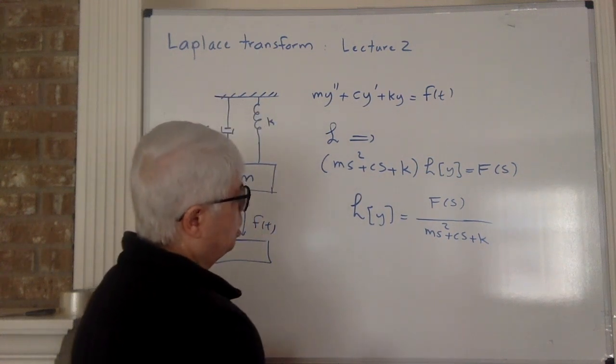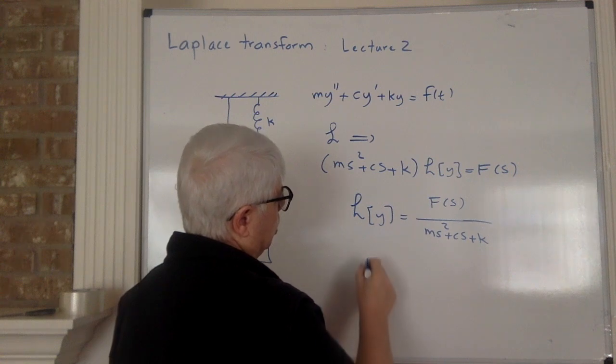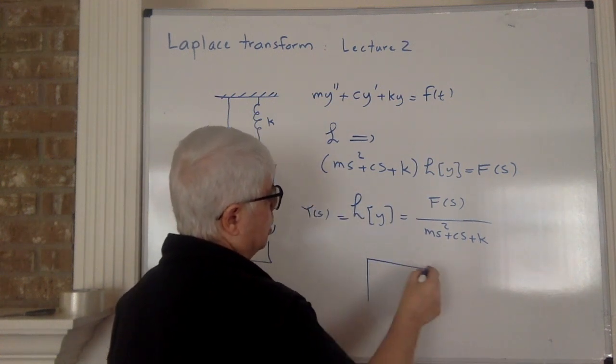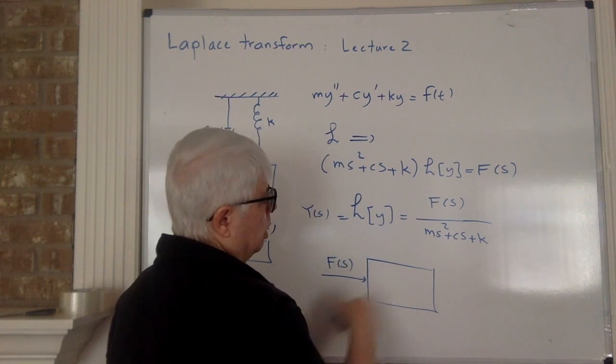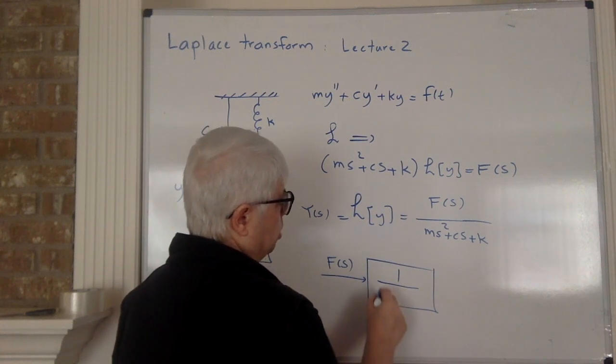So if I look at this as input-output, and let's call this y, in fact, Y(s), then I have an input, F(s), and my system is in fact this. My system is this function.